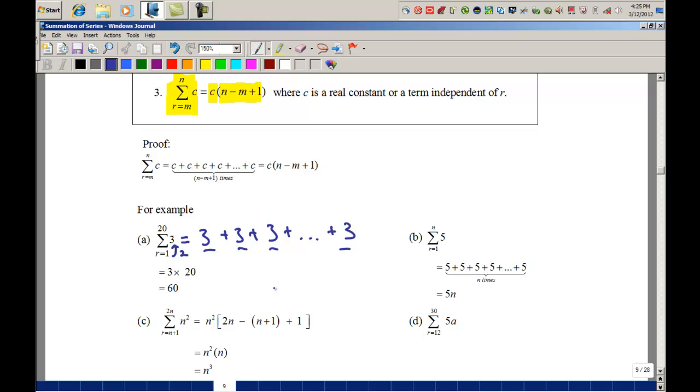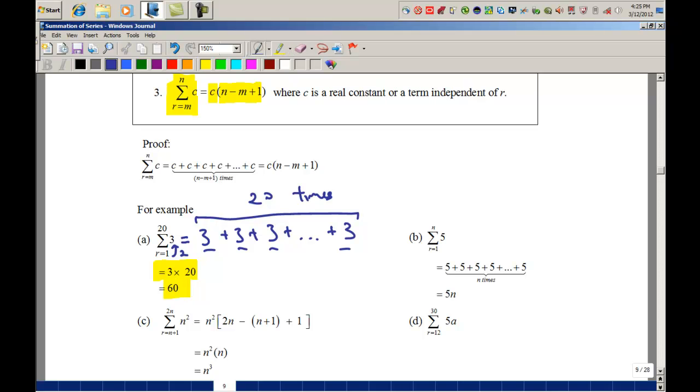There's no r there. So when r is 1, it is 3. When r is 2, it is also 3. So altogether, you sum 3 twenty times. So this means the sum is just 3 times 20, and that's 60.